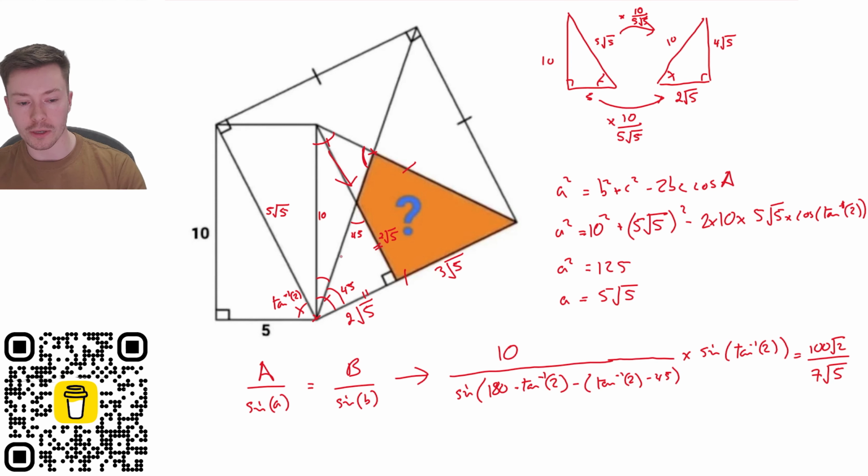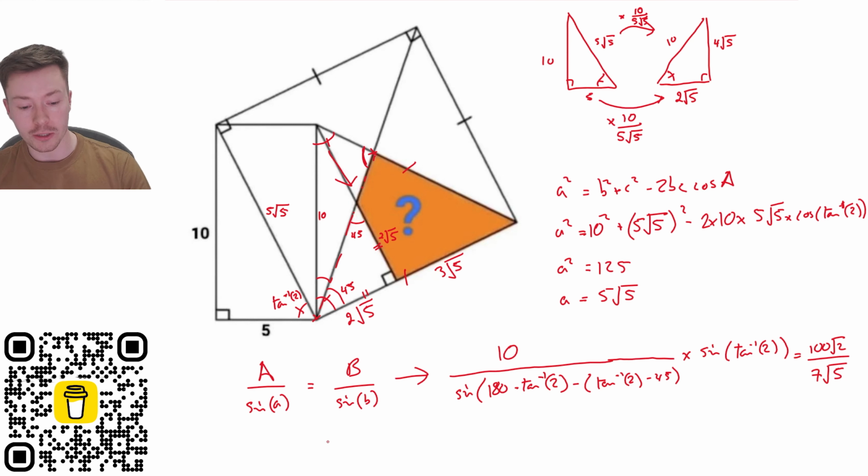Now I could take away this side, but actually again that's not going to be helpful, so I don't want to do that. Right, so the next thing is I'm going to work out the area of this triangle here. I'll just highlight it to make it a little bit clearer. I've got a side, I've got an angle, I've got a side.